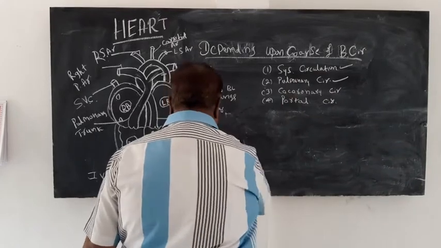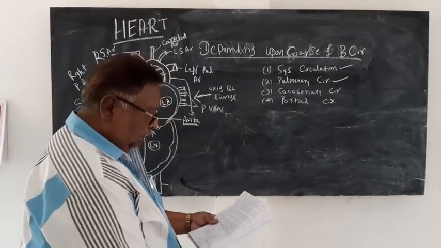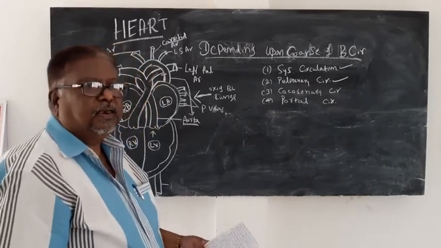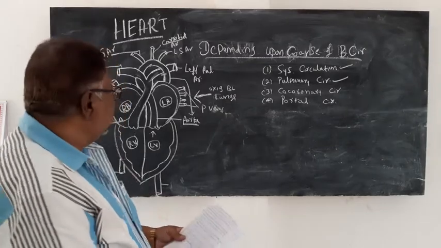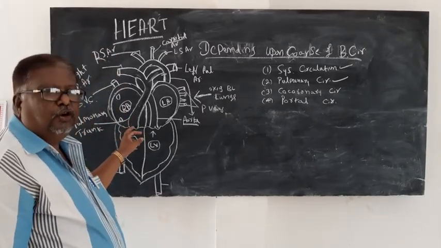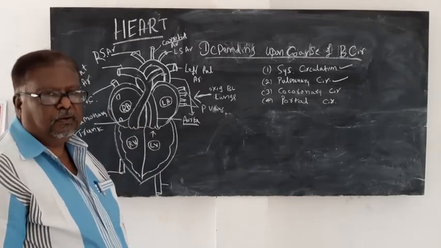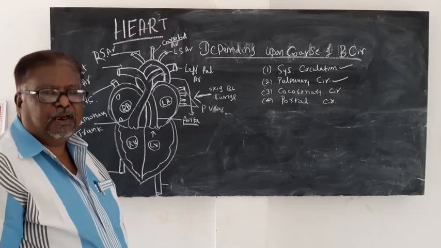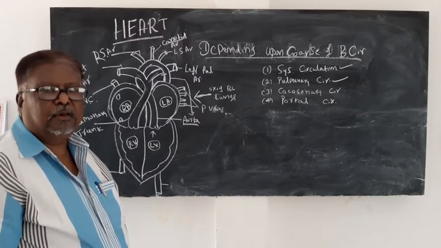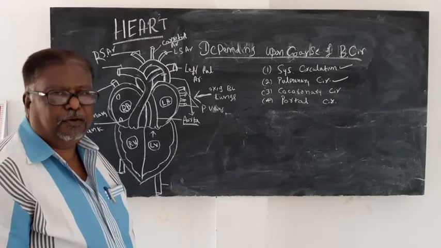In the pulmonary circulation, the venous blood is collected in the right side of the heart, and this venous blood should be pumped to the lungs for purification. So the blood should be purified again.